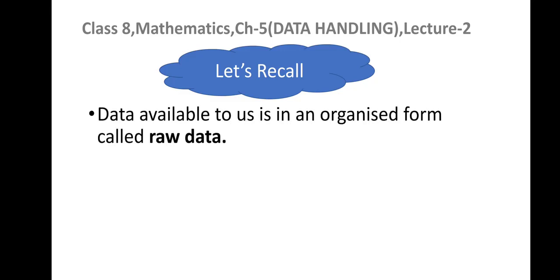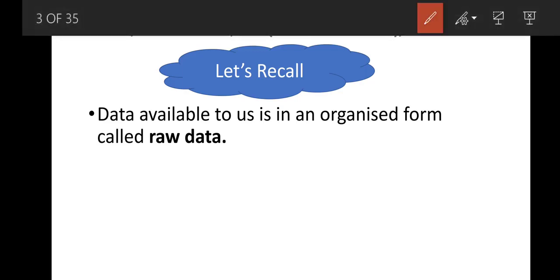Data that is available to us is in an unorganized form, that is raw data. Here it is written that the data which is available to us is present basically in unorganized form, and that data is called raw data.